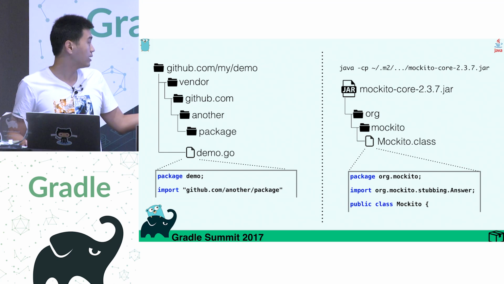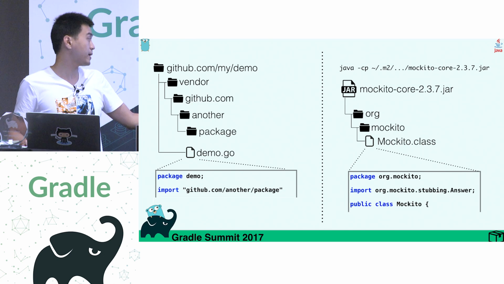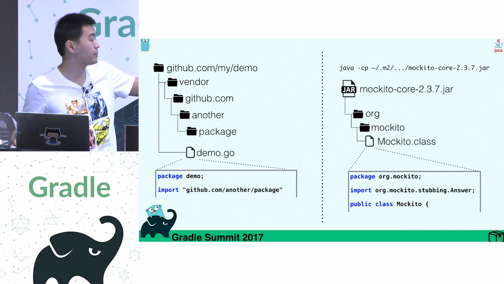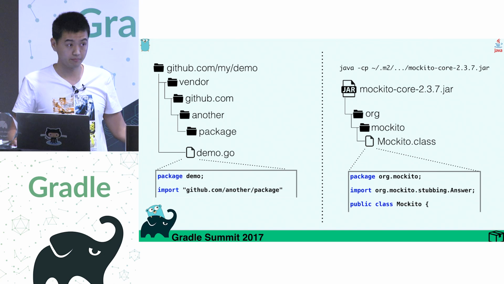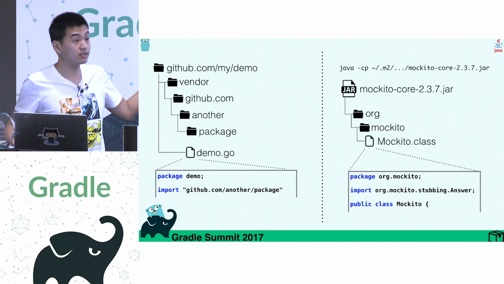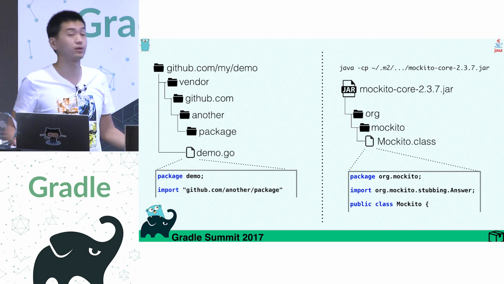For example, demo.go imports github.com/another/package, so the directory vendor/github.com/another/package will be searched first. Many people will check the vendor directory into their version control system, which I personally don't like.